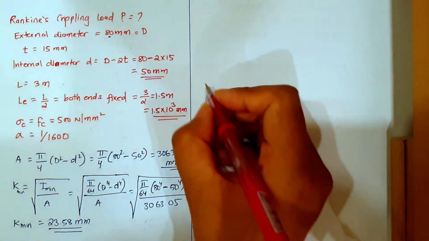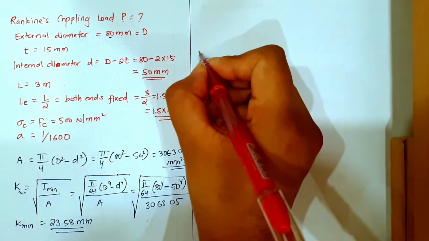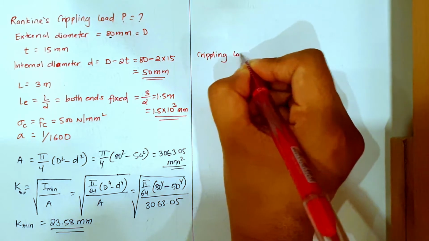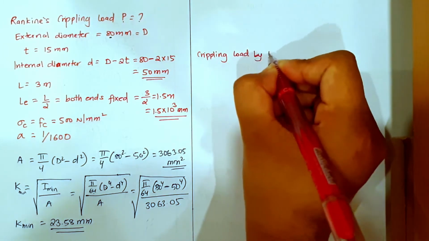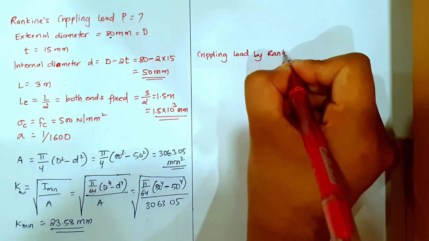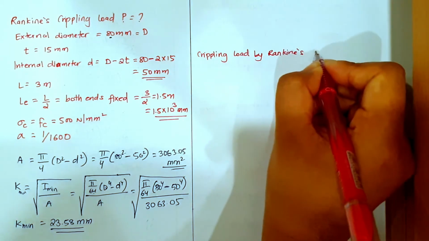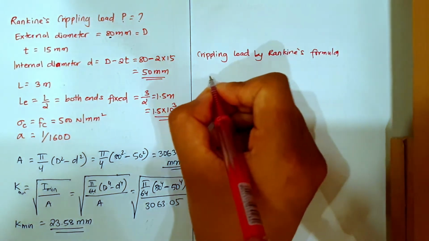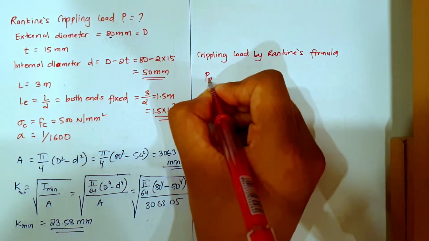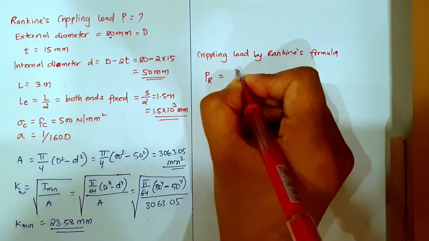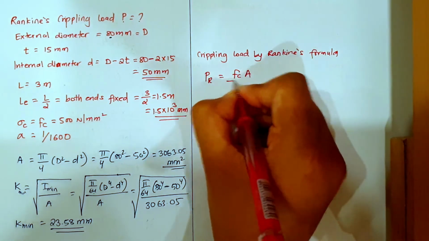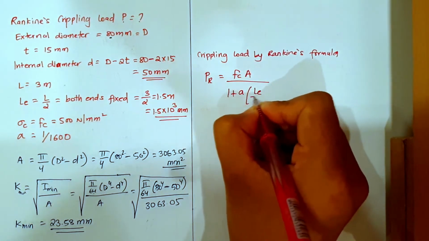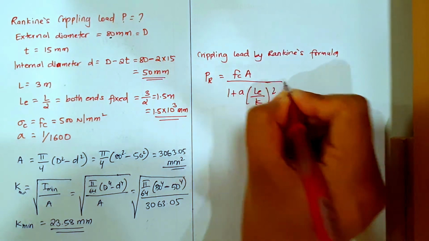Okay, so let us put it in a Rankine's formula. So crippling load by Rankine's formula is given by PR is equals to Fc into A divided by 1 plus alpha into Le by K the whole square, right?